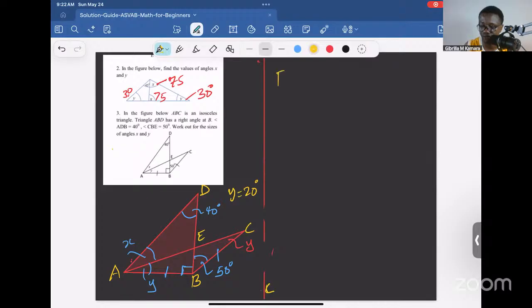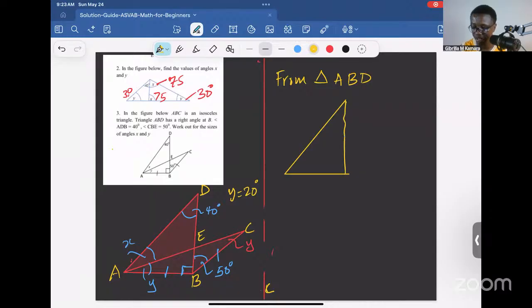From triangle ABD. So where is that triangle? You have something like this. We have this, and we have a 90 degrees here.